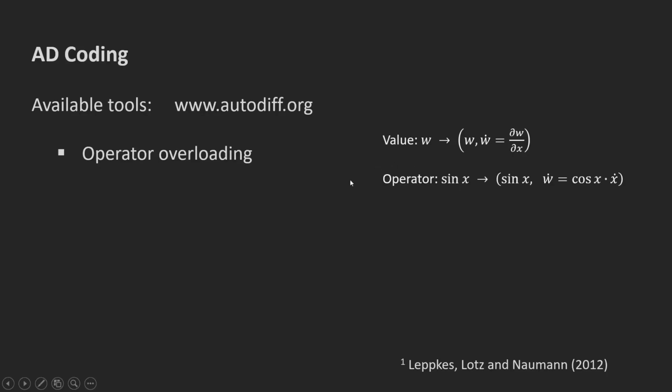As its name suggests, the operator overloading method overloads the underlying operators to calculate the primal function and its derivative at the same time. For example, sin x would be overloaded to calculate sin x, but also the derivative process as well.